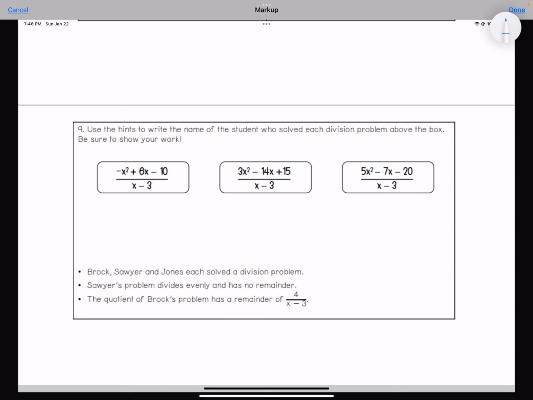The last thing is this could very easily be tested, drag and drop. Okay, so imagine, you would have 3 drag and drop with the names, and they could ask you to drag based on what's written here, drag it to the correct person's problems.